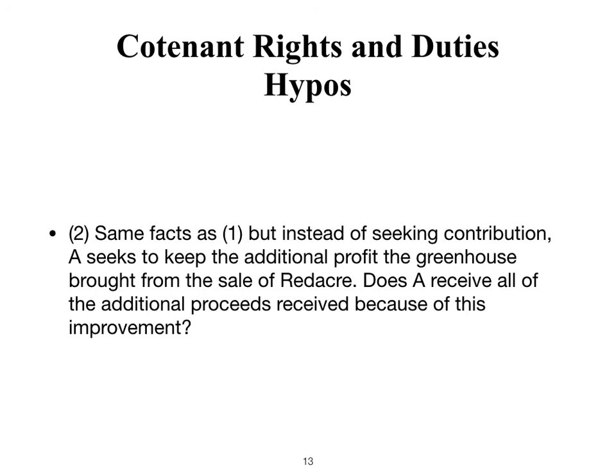So in this case, since A built the greenhouse, when they sell Red Acre, A can get whatever amount the greenhouse improved the market value of Red Acre. So if the greenhouse improved Red Acre's market value by $20,000, then A gets that $20,000 because they're the ones that paid for the improvement.